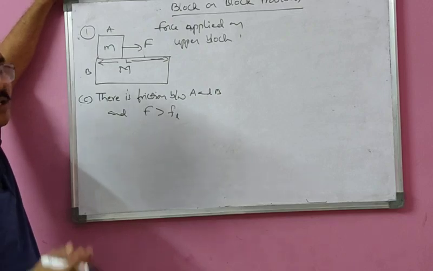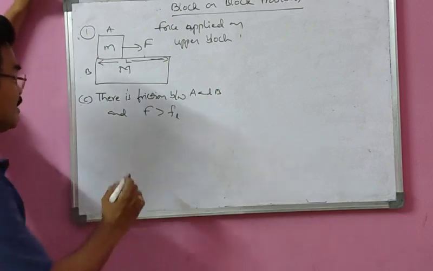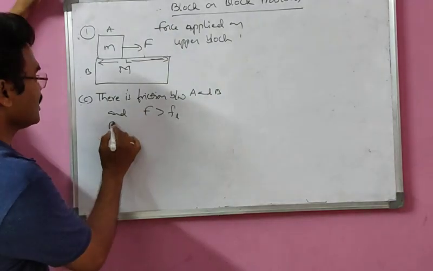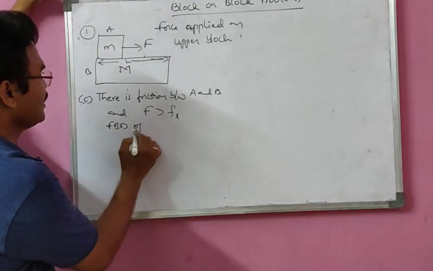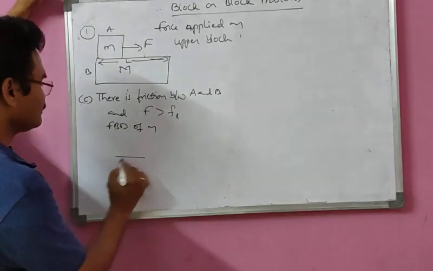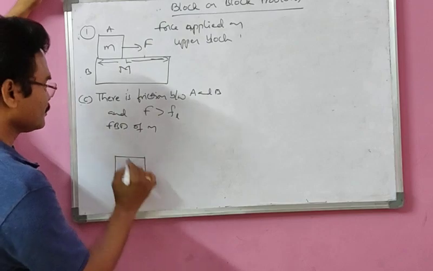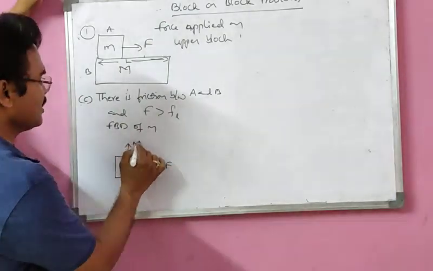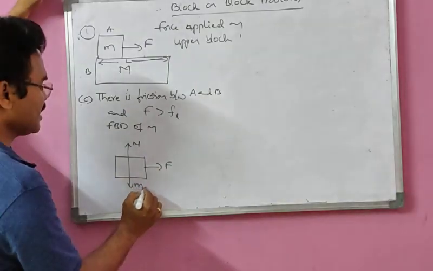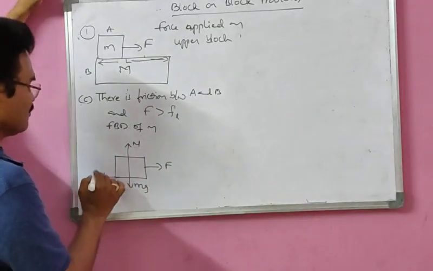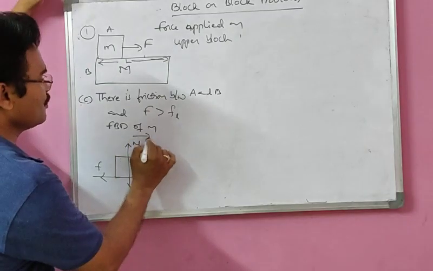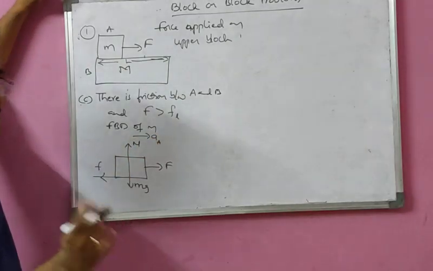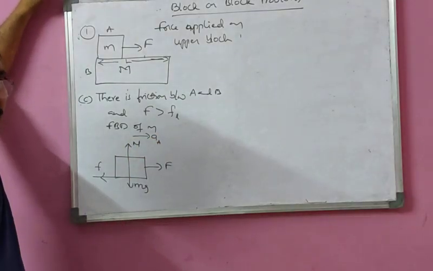So that you can have different accelerations, we are going to draw the FBD of both of them. FBD of small m. So this is the applied force, normal reaction, the mg acts here. This is the frictional force here, and it is moving with acceleration A. When it is moving with acceleration A, we take what here?